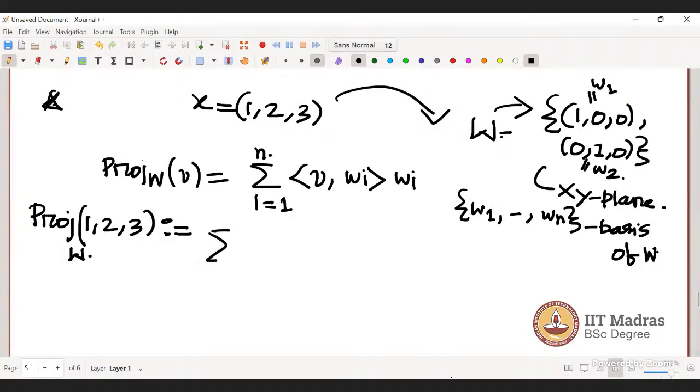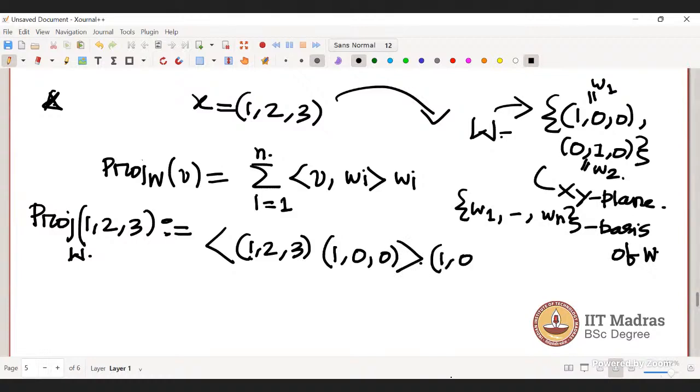So then what we need to do? We need to first consider W1. So the inner product of (1, 2, 3), this is my V, V is (1, 2, 3), and then I consider W1, and W1 is (1, 0, 0). This is a scalar, right?